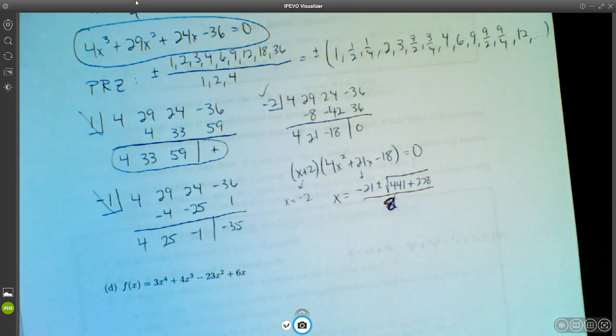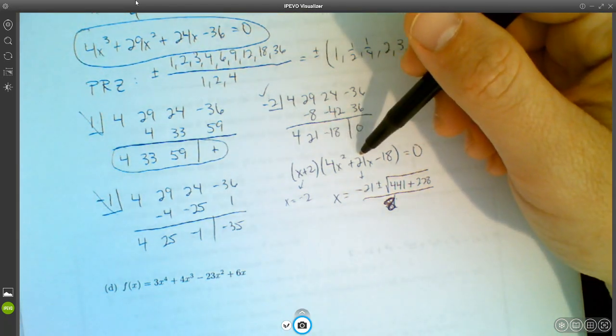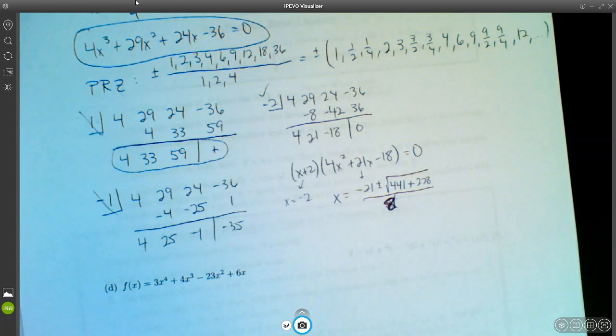What in the world? I'm having some trouble with arithmetic. B squared. 21 squared is 441. 4 times 4 times 18 is 228. 441 plus 228 is 669. And yet, when I put in 21 squared minus 4 times -18, I get 729. What in the world?